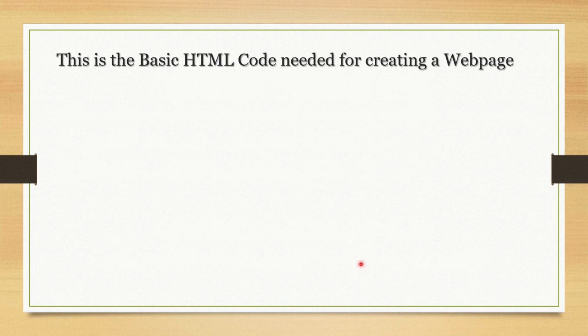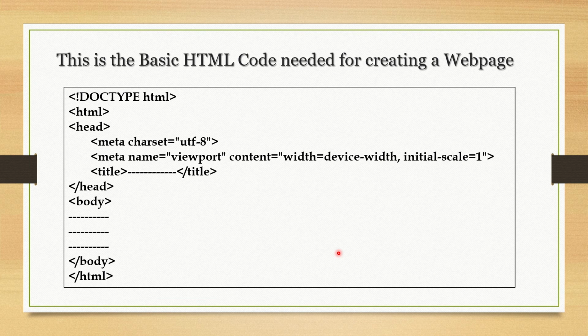Okay. Now the basic HTML code needed for creating a web page is this. At first, the most important element is angle brackets, also known as programming brackets. This will be used everywhere in an HTML document. So we will start with an angle bracket, then an exclamation mark, and then write DOCTYPE html.